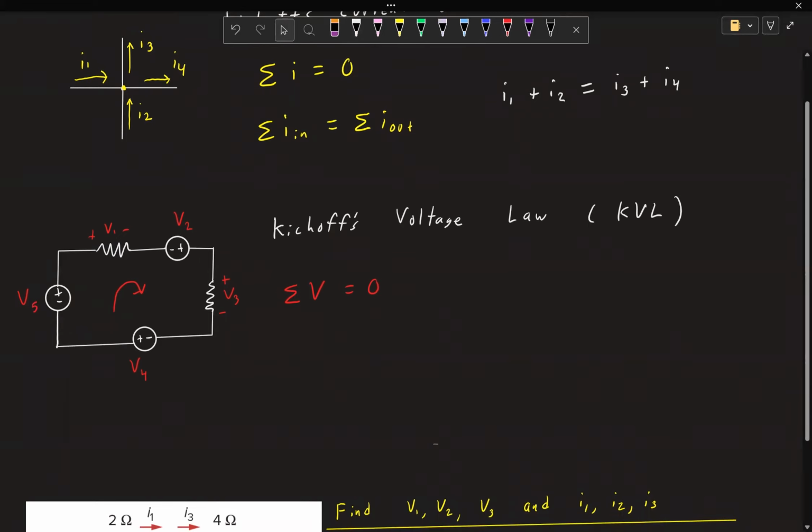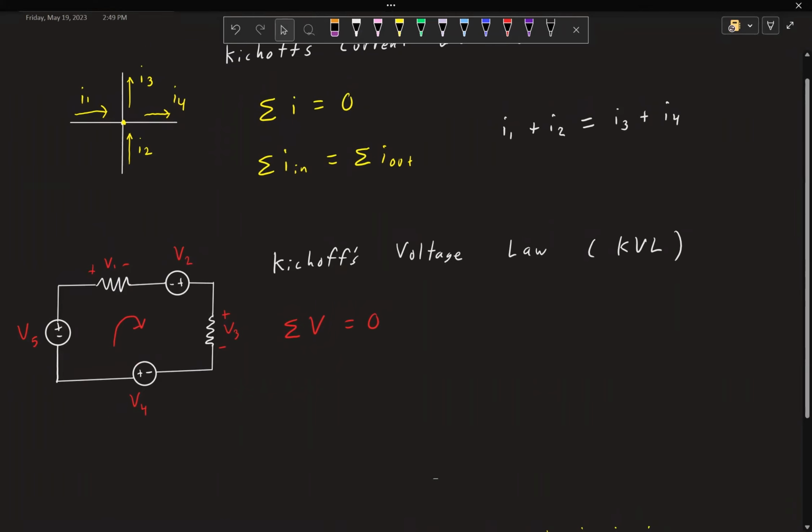And what you do is you look at the terminal. So you can see V1 going clockwise, we're going to run into the positive terminal first. So that means if we follow KVL, we'll just say the voltage there, V1.